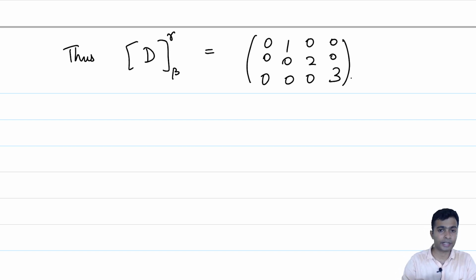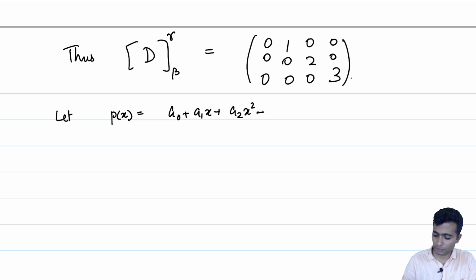So, for example, let us take an arbitrary polynomial. In fact, let us take the general polynomial of P3 of R. So, let P of x be equal to a0 plus a1x plus a2x square plus a3x cube.